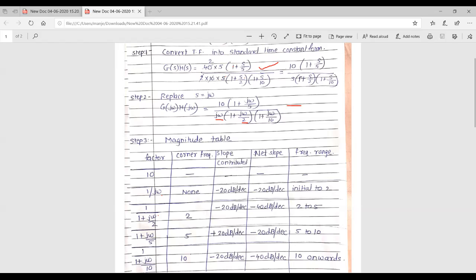Right now, we are interested in what is the slope contribution of these factors per decade. Okay. That means in 1 decade, how much is the slope contribution by this factor? Slope everyone knows, change in the magnitude, right? So now we will see minus 20 dB, minus 20 dB, plus 20 dB. For this, we need to see some calculation.